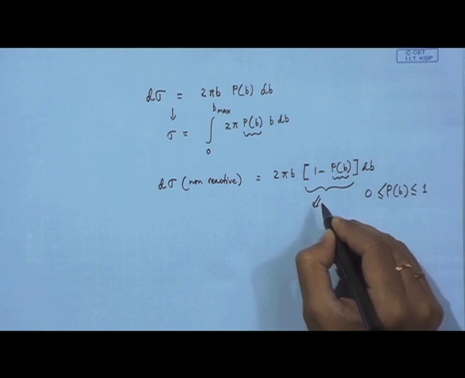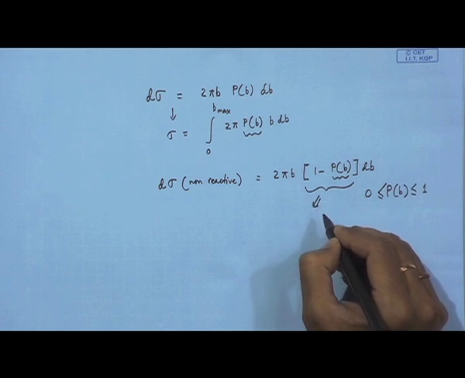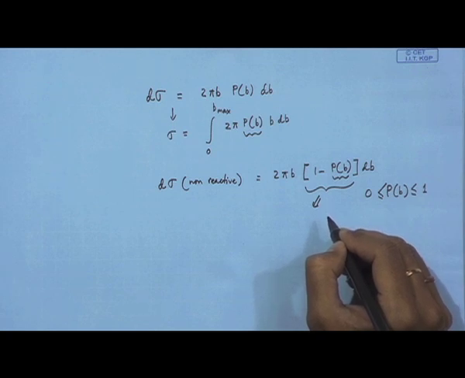This factor is the fraction of collisions that are non-reactive with the impact parameter b.